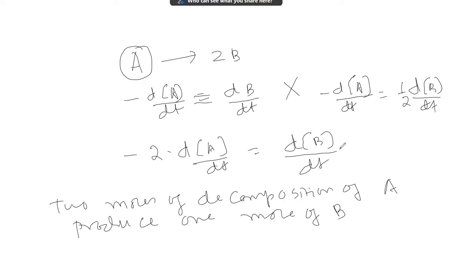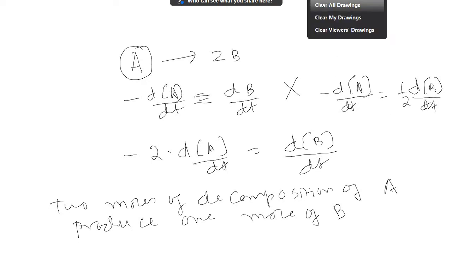Now let us look at one more example. Suppose in this case it is given as 3A gives you 2B. In a nutshell, in order to express the rate of the reaction in a competitive exam, what you should do: for reactant it will be negative because its concentration decreases. For product it will be positive because its concentration increases.